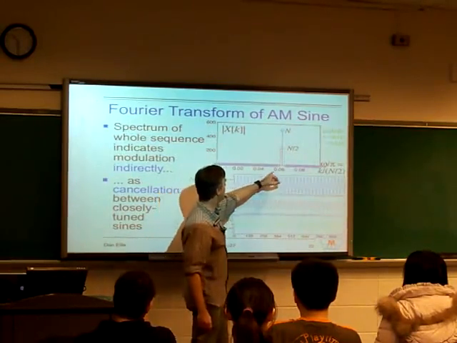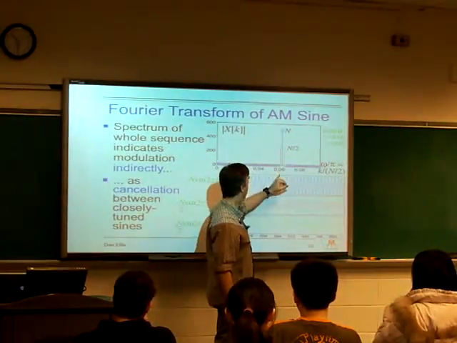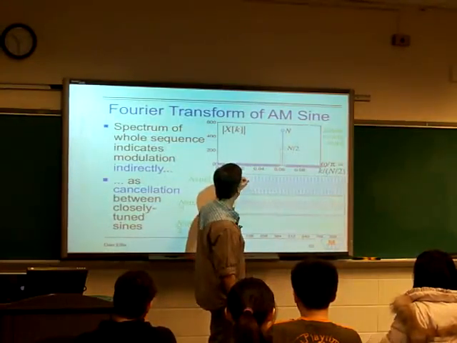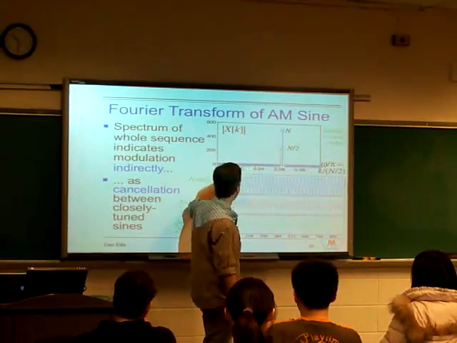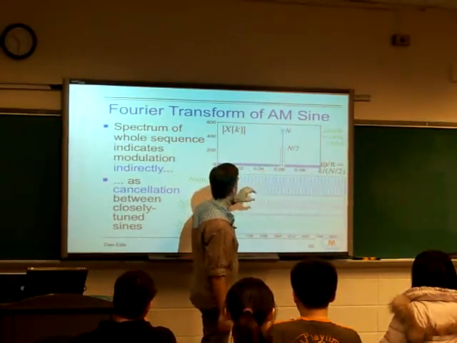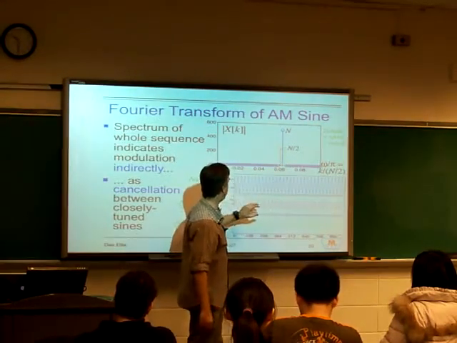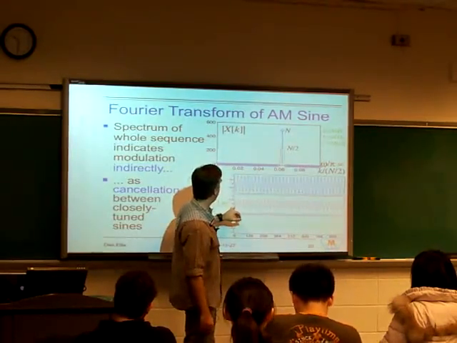This blue one is the IDFT of this single line here, so it's at omega c, with an amplitude of, say, 1, if the DFT is N. And then the red line has an IDFT which is this sinusoid here. It's half the amplitude.